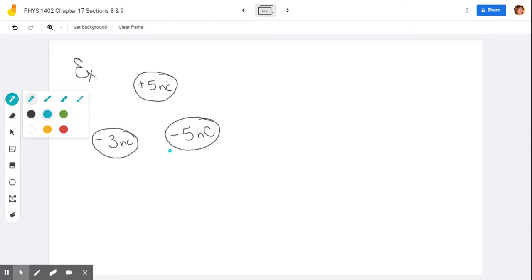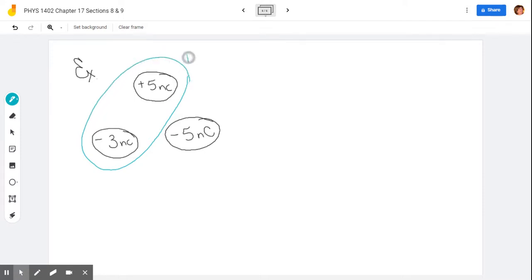I'm going to call this Gaussian surface, a closed surface that contains those 2 charges, A. I'm going to do this Gaussian surface in green.